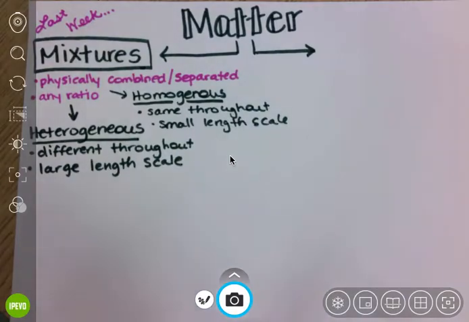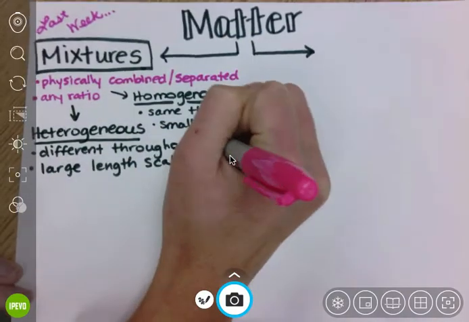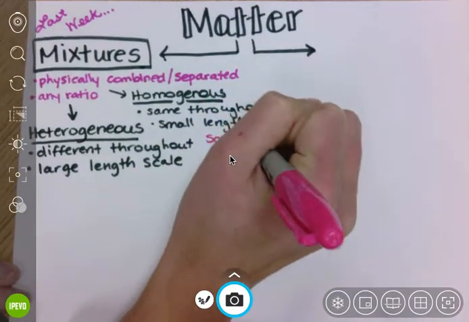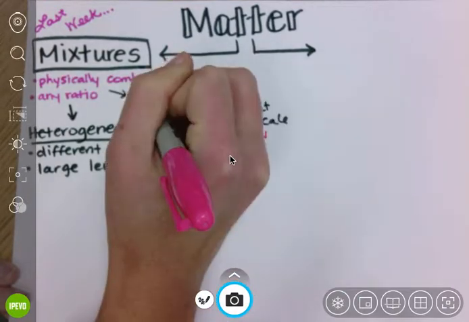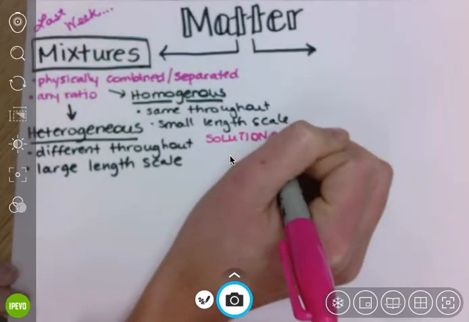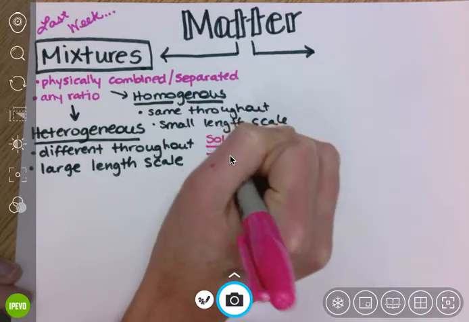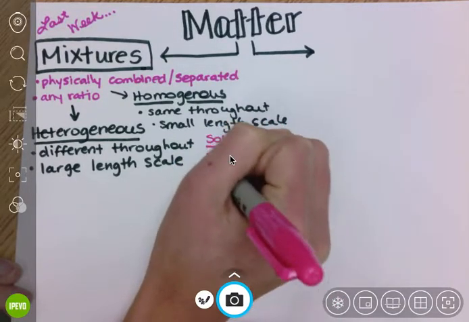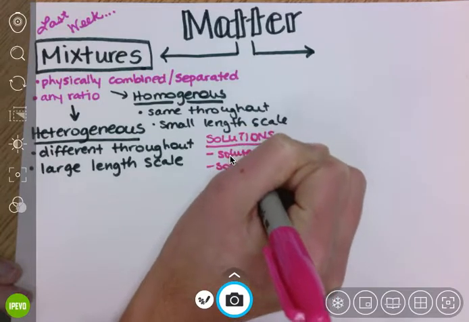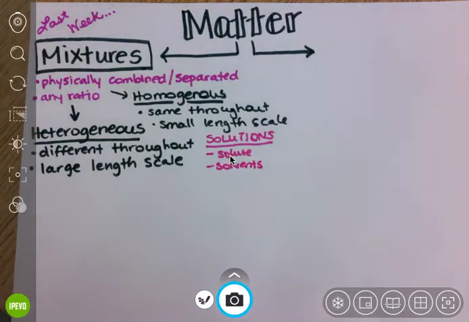And we called homogeneous mixtures solutions, right? That's a good word. Remember that homogeneous and solutions go together. And that solutions were made of solutes that dissolve into solvents. That was a lot of vocab that we covered last week, right?